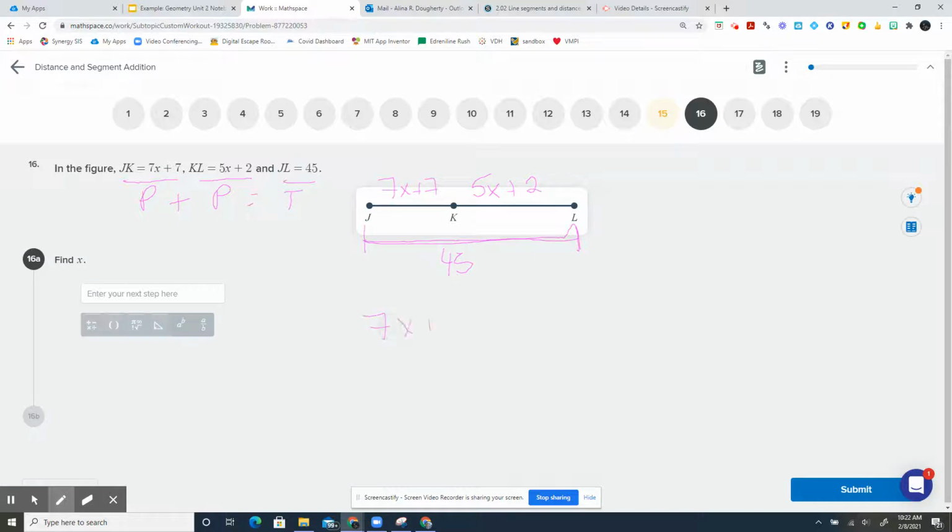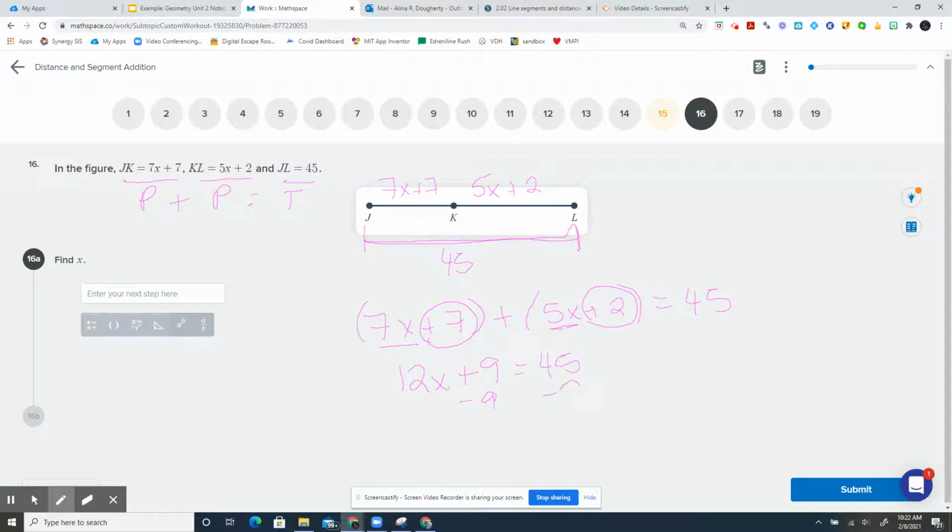We're going to do 7x plus 7, that's the first part, plus 5x plus 2, that's the second part, equals 45. And we're going to combine our like terms. So 7x and 5x is 12x, and then combine our constants. So that's plus 9 equals 45.